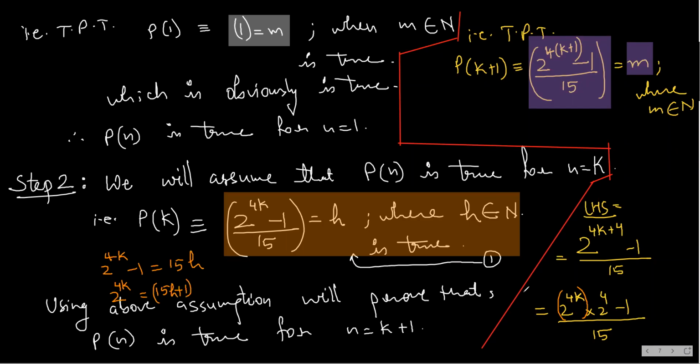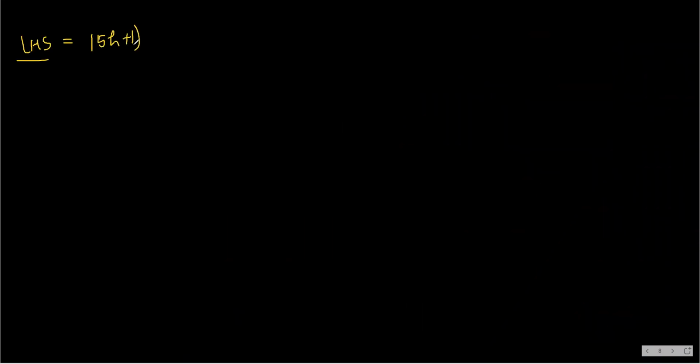Okay, so my LHS now becomes 15h plus 1 into 2 raised to 4, which is 16, minus 1, upon 15. That is 15h into 16 plus 16 minus 1.